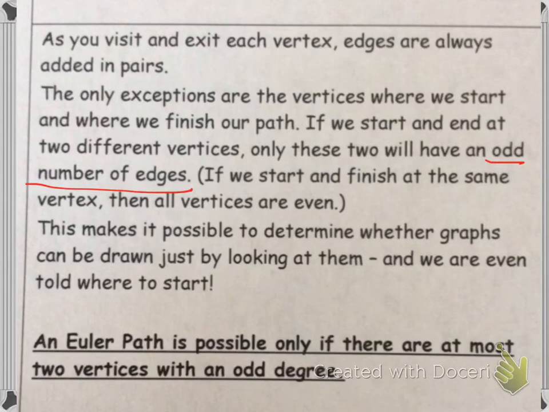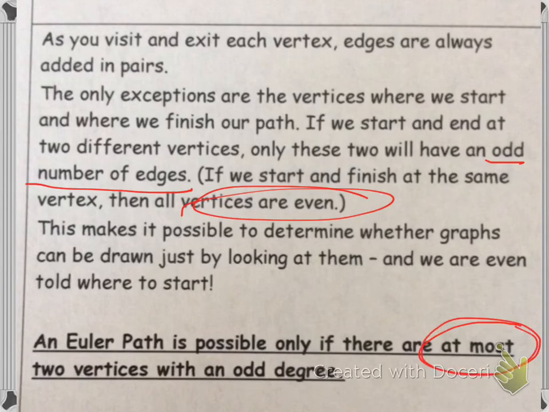If we start and finish at the same vertex, then all of the edges are even. This makes it possible to determine whether graphs can be drawn just by looking at them, and even where we're told to start and end. An Euler path is possible if and only if there are at most 2 vertices with an odd degree.